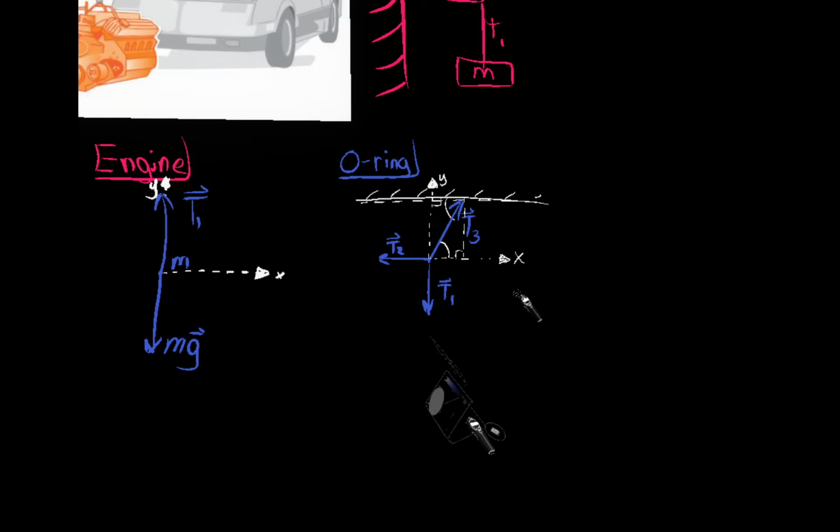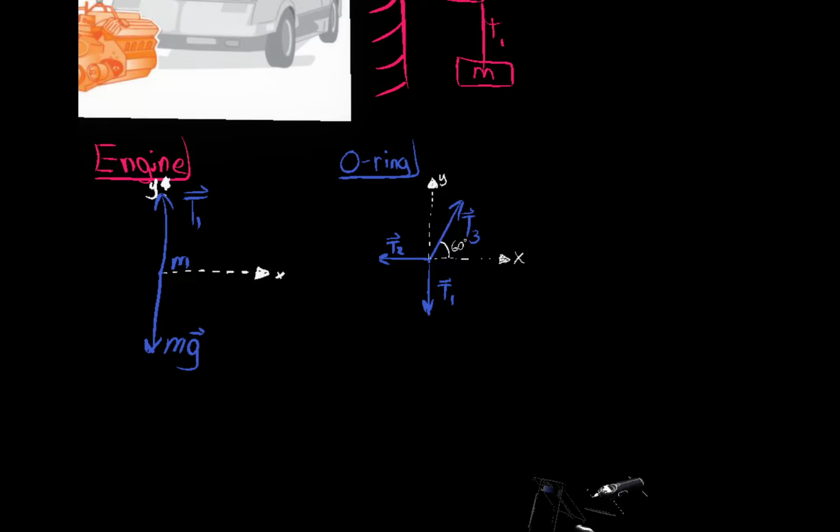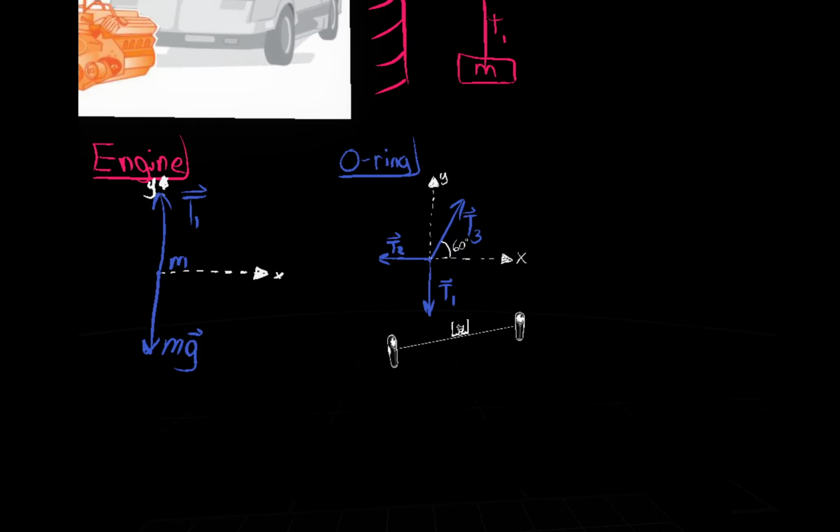I don't know if that is too confused and written over itself to make much sense, but if you sit down and think about it and verify, you should be able to verify that this angle here is the 60-degree angle. So there we have the start of our free body diagram.